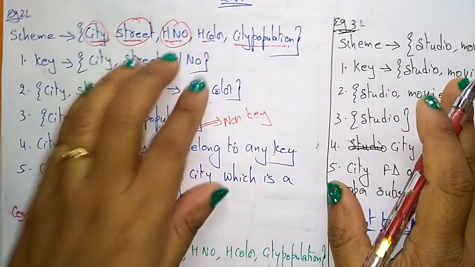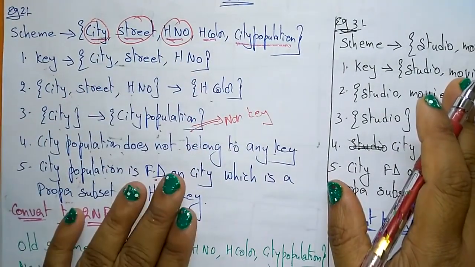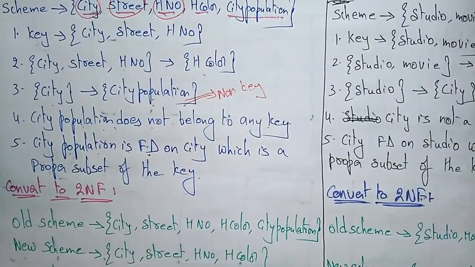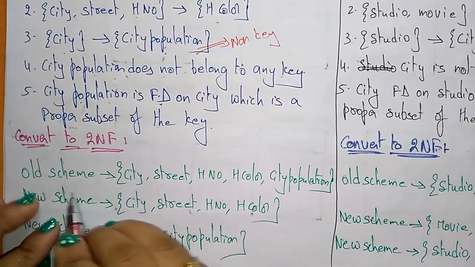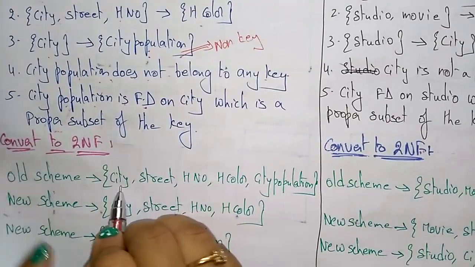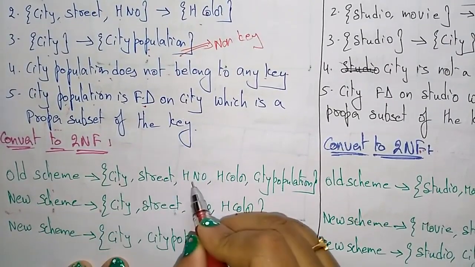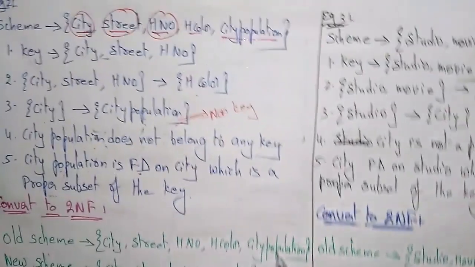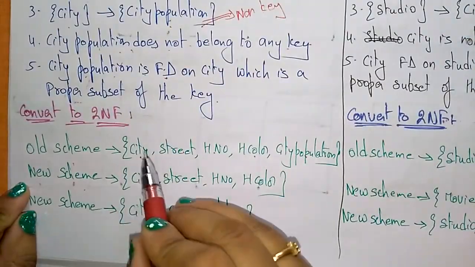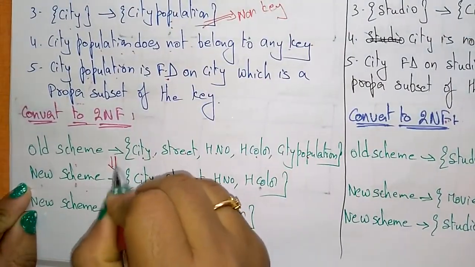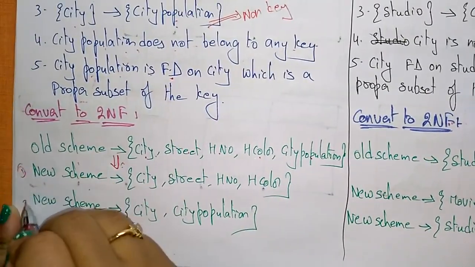Now I am going to make this table 2NF. 2NF means it has to follow 1NF and at the same time be fully functionally dependent. This is the whole schema, consisting of city, street, house number, house color, city population. Now, in the new schema, I am decomposing this table into two tables.